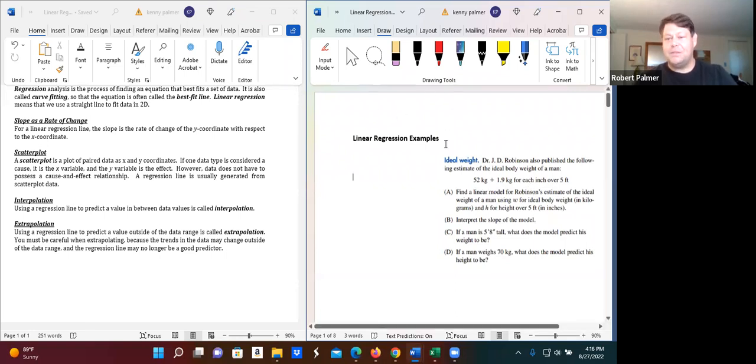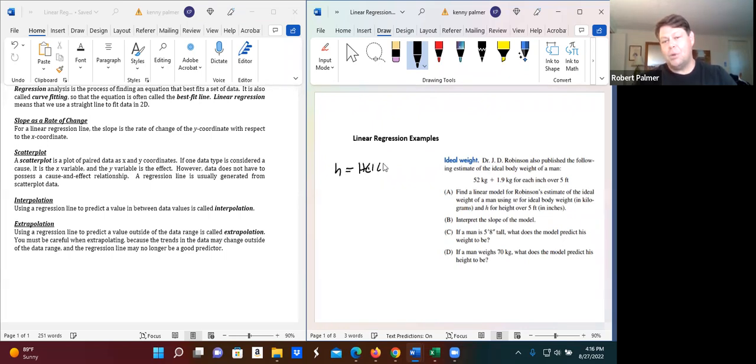What we want to do is find a linear model for this estimate of ideal weight of a man, using W for the ideal body weight and H for the height over 5 feet. First, good practice is to define our variables. So H is height over 5 feet.